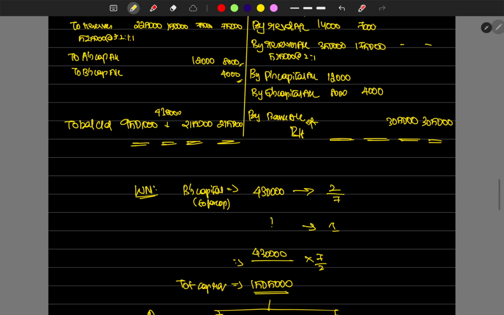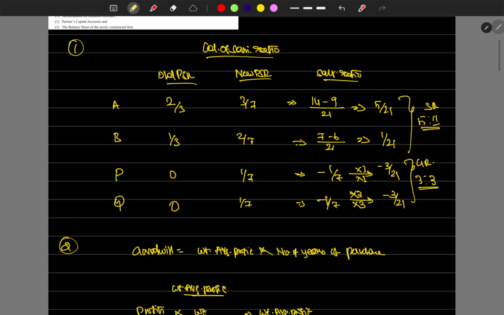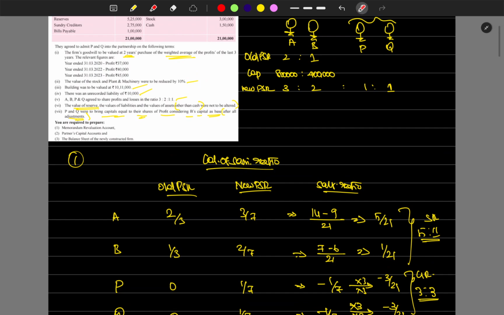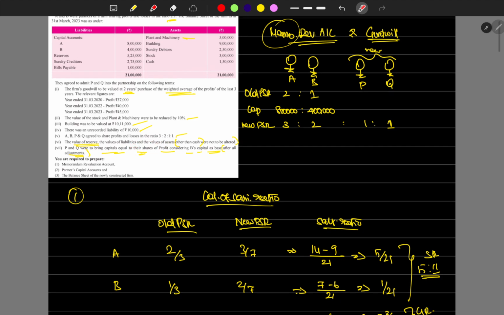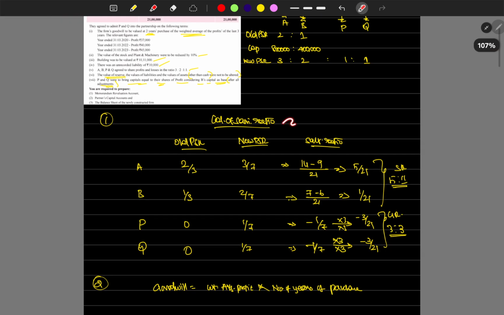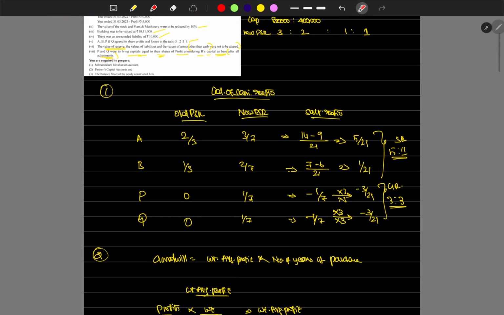The problem is over. Let's quickly recap what we have studied. Since A and B planned that the values should not be altered, we have revalued the accounts and reversed it. For that we prepared the memorandum revaluation account. Old PSR is 2:1, new PSR is 3:2:1:1. The first thing is always the calculation of the sacrificing ratio.